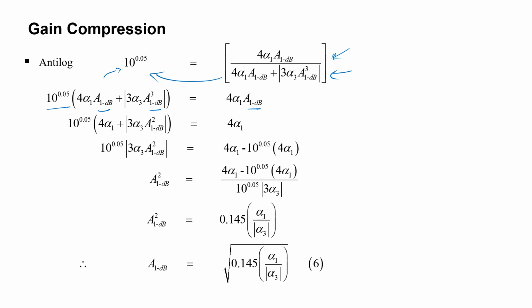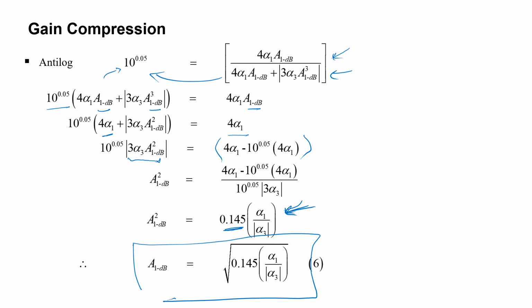Now I multiply 4a by 10 to the power 0.05 and 4 alpha 1, pull them to this side of the equation and keep this term, the magnitude, remaining here. Then what I eventually get is a 1 dB squared is 0.145 times alpha 1 divided by the magnitude of alpha 3, which will eventually give me this value.